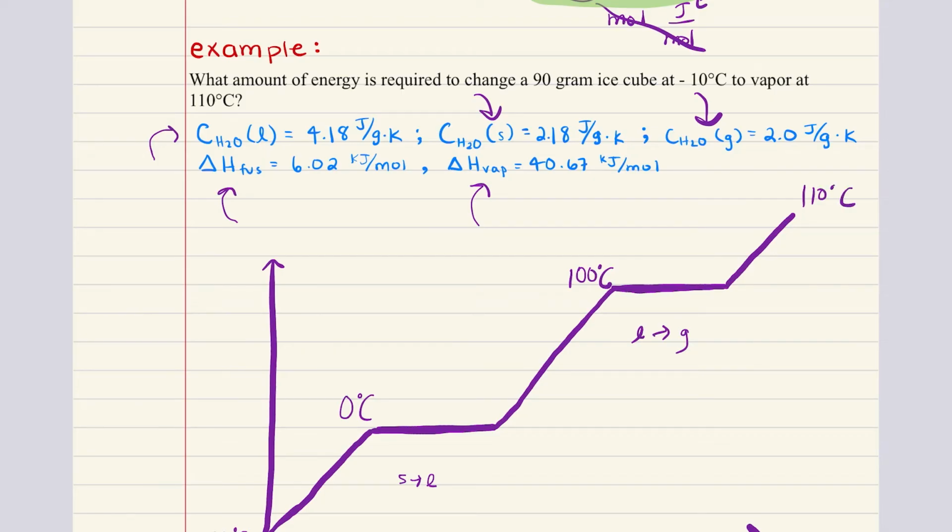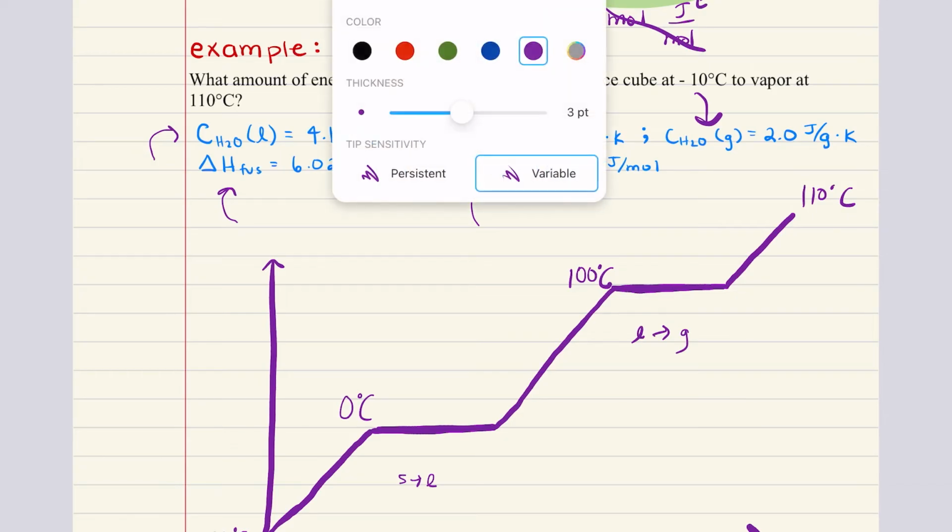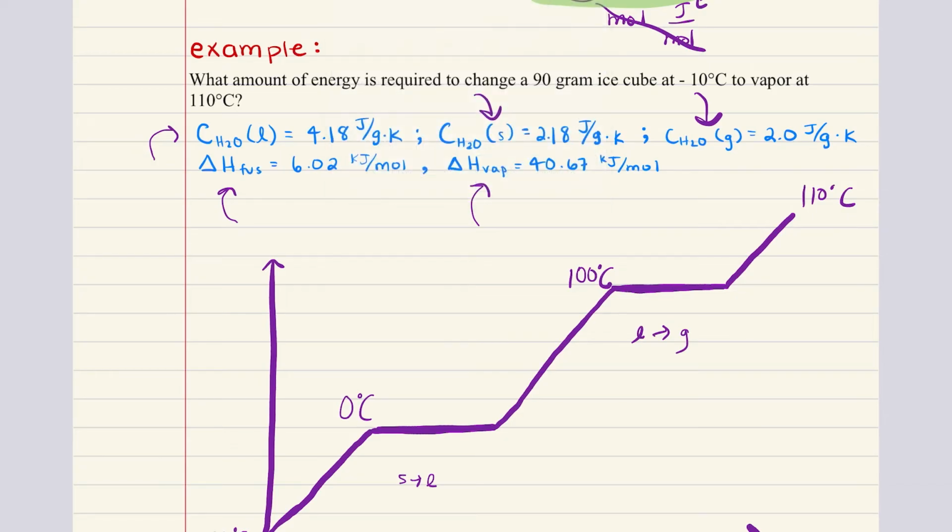So here's our heating curve for our problem. Now at each point we can assign what equation to use. Here we're going to use our Q equals mC delta T equation. Here we're going to use our mL equation, or depending on the information we get, moles times delta H. We're going to use this form actually because we are given the delta H of fusion and the delta H of vaporization.